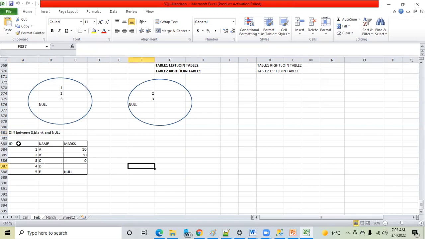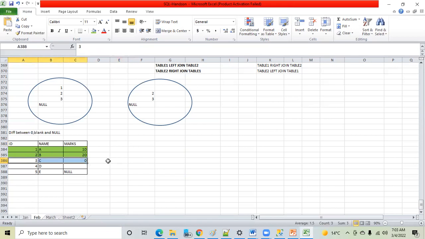Here I have taken an example of a student table: ID, name, and marks. This is very simple: students A and B have scored 10 and 20. So this is very straightforward. Student C has scored 0.